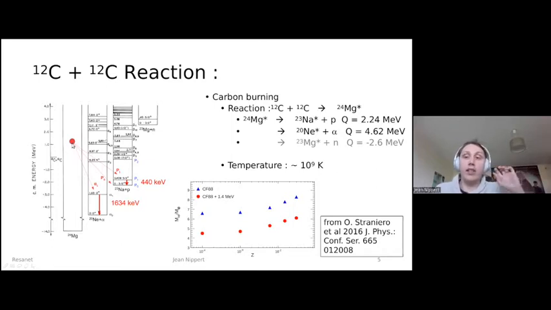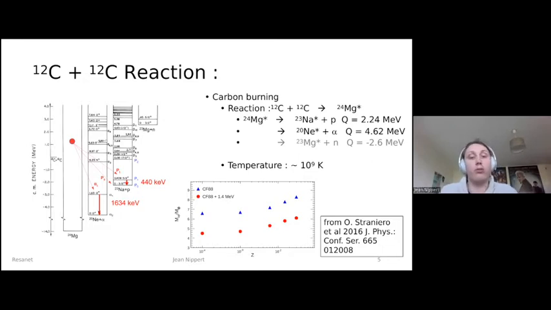It's in a highly excited state, so it will release the energy by evaporating a proton or an alpha, creating respectively the sodium-23 and the neon-20. And those two nuclei can also be in an excited state and emit a gamma for the de-excitation to go to the ground state.